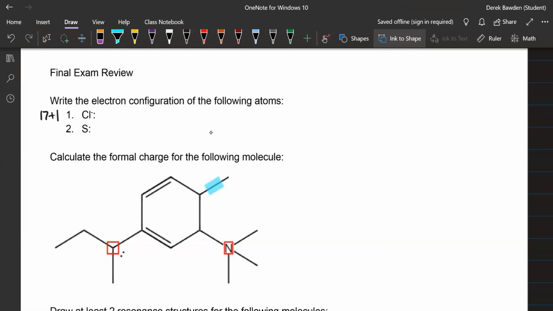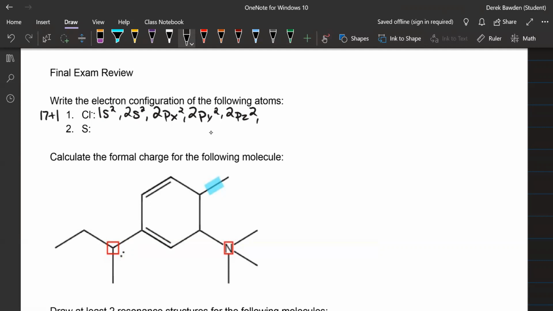So we need a total of 18 electrons that we're going to account for. Okay? So we start off with 1s2, 2s2, and we go 2px2, 2py2, 2pz2. Now we've accounted for 2, 4, 6, 8, 10 electrons, and we need 8 more.